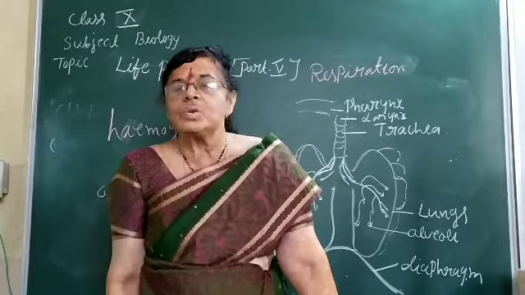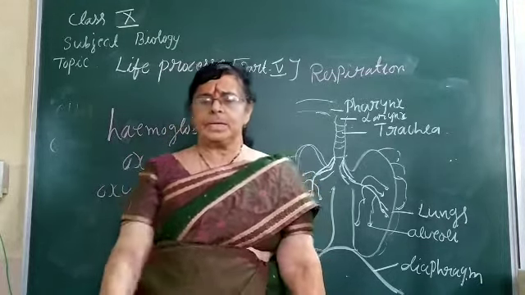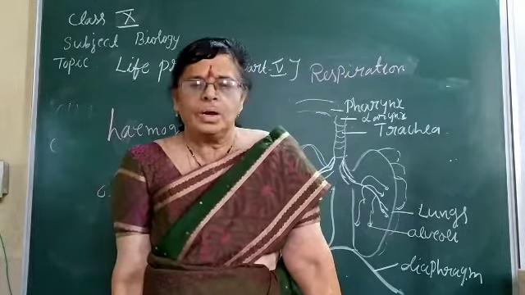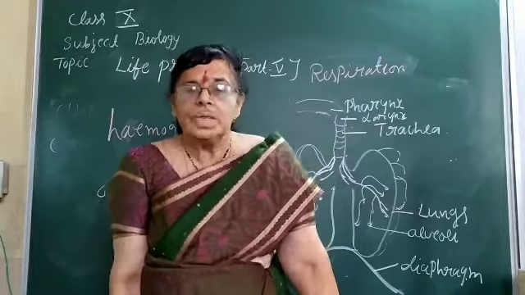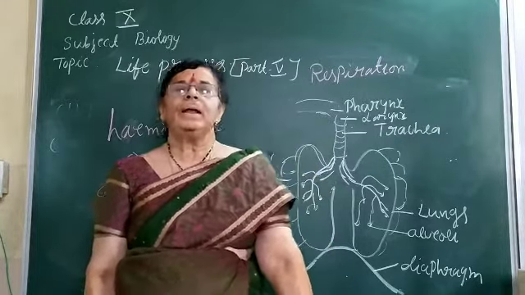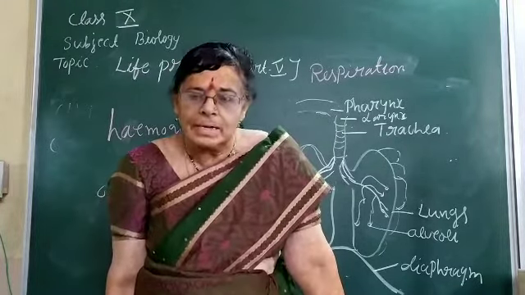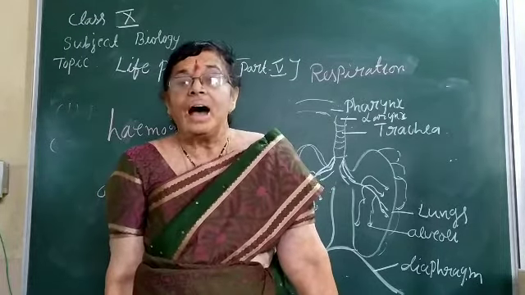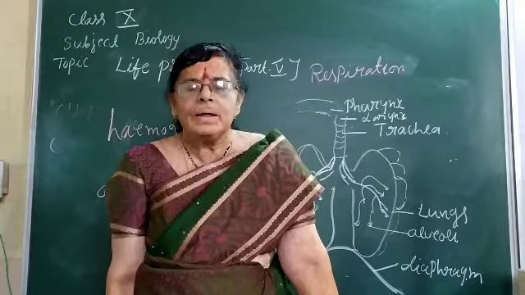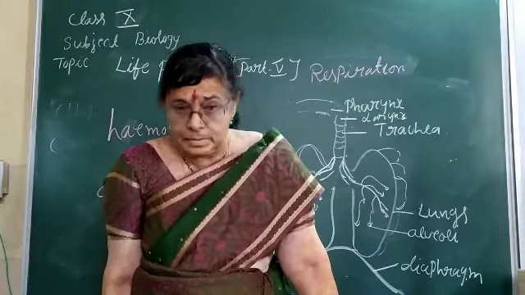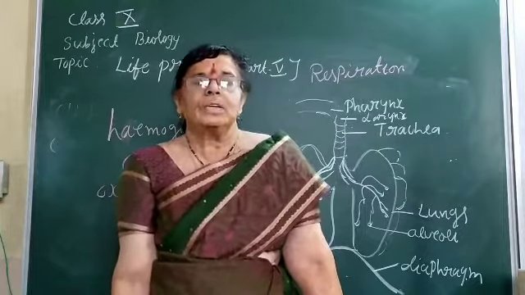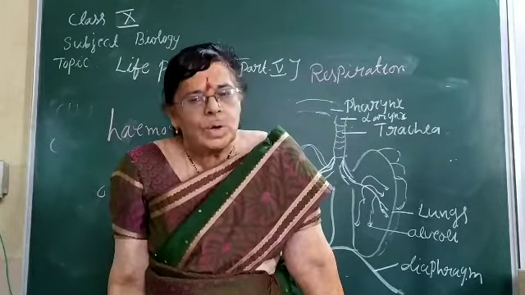Smoking is injurious to health because the cigarette contains a harmful substance of tobacco called nicotine. When this harmful substance reaches the lungs, it is going to destroy the alveoli. Because of this, it is always mentioned that smoking is injurious to health.